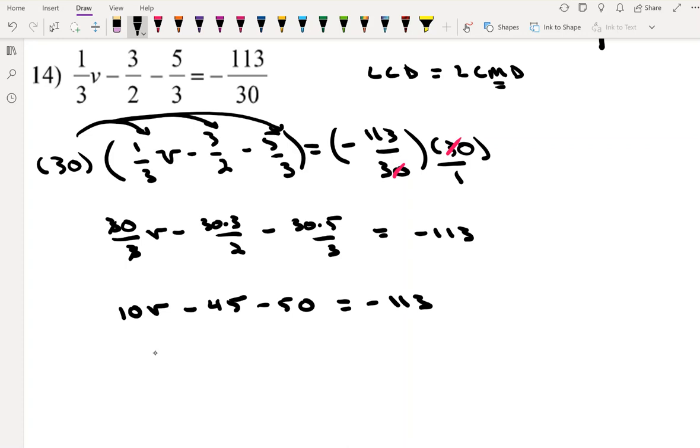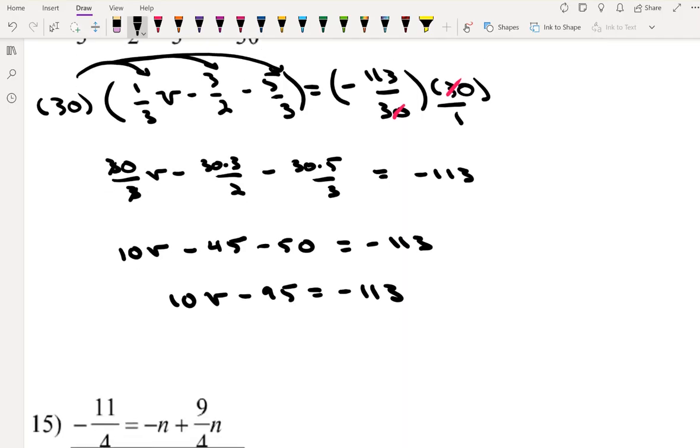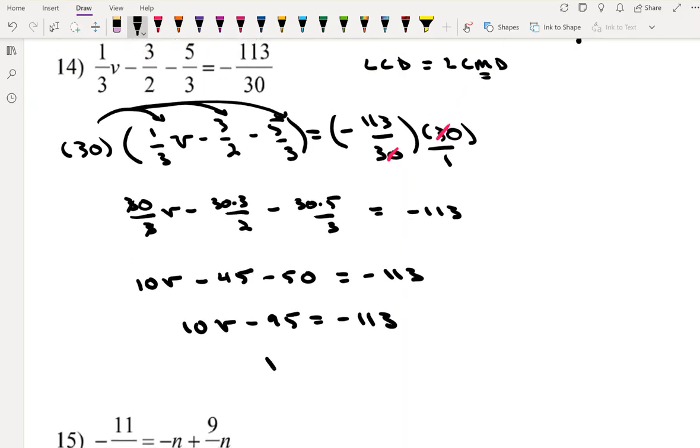Watch out for that v, it's a sneaky one. So we just continue now, and we get 10v minus 95 is equal to negative 113. And then we just have to do our thing now, and 10v is equal to, excuse me, one second. What are we doing here? We're going to take negative 113 and add 95.